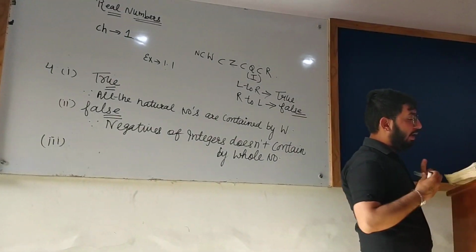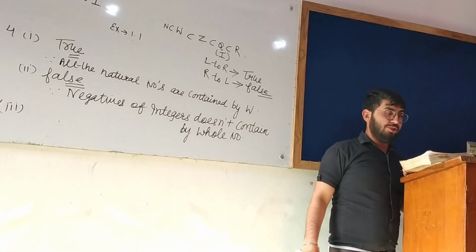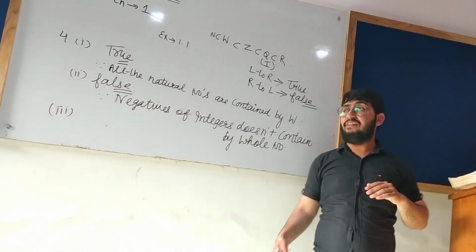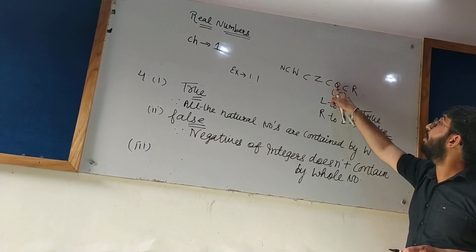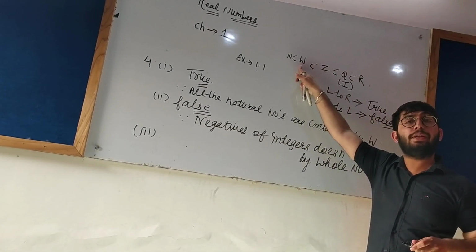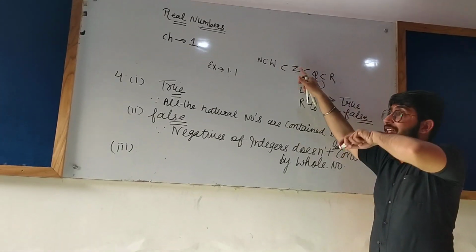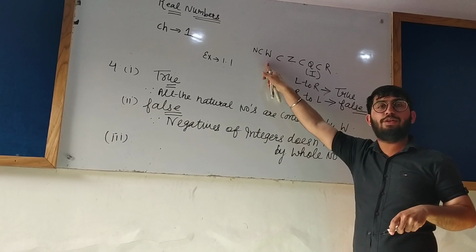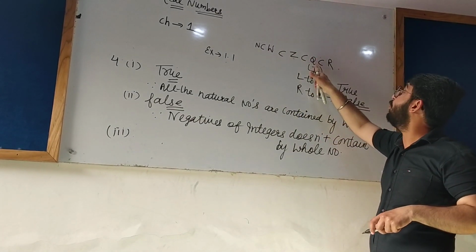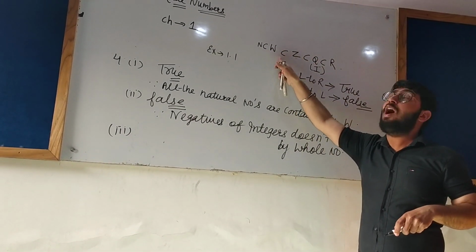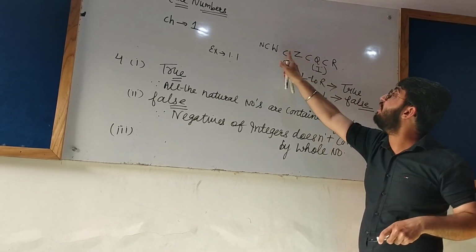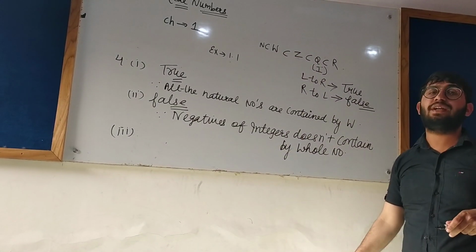Now let us come to the third part of question number 4. It is saying every rational number is a whole number. No, it is false because we are moving from right to left. How can the bigger set be contained by the smaller set?